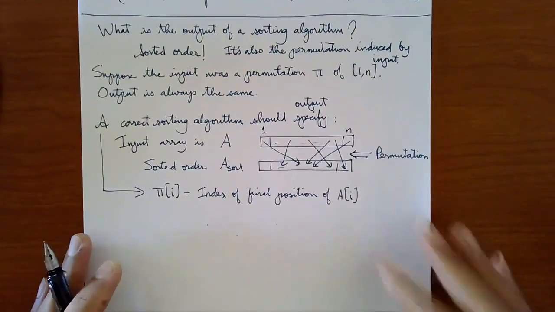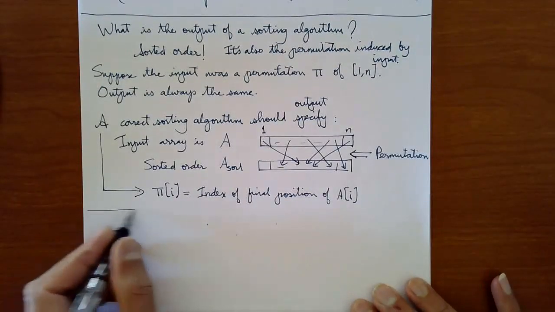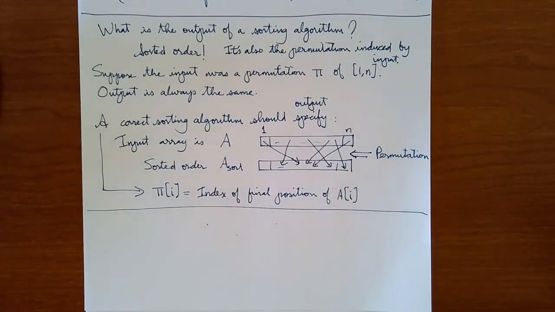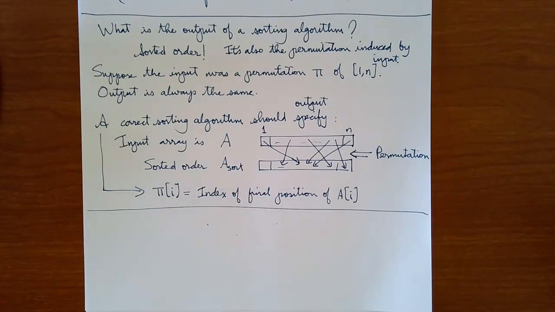So this is to answer the question of how would an algorithm actually keep track of this position, right? That's really the question.